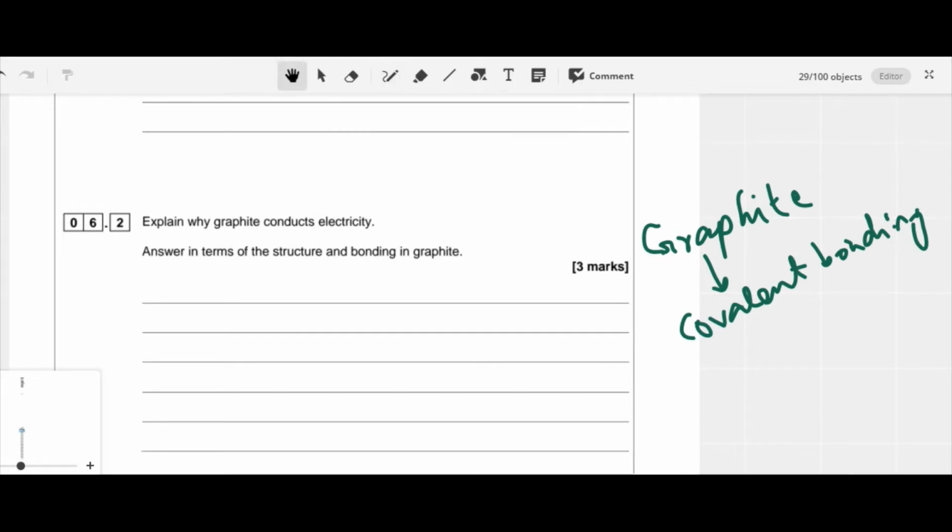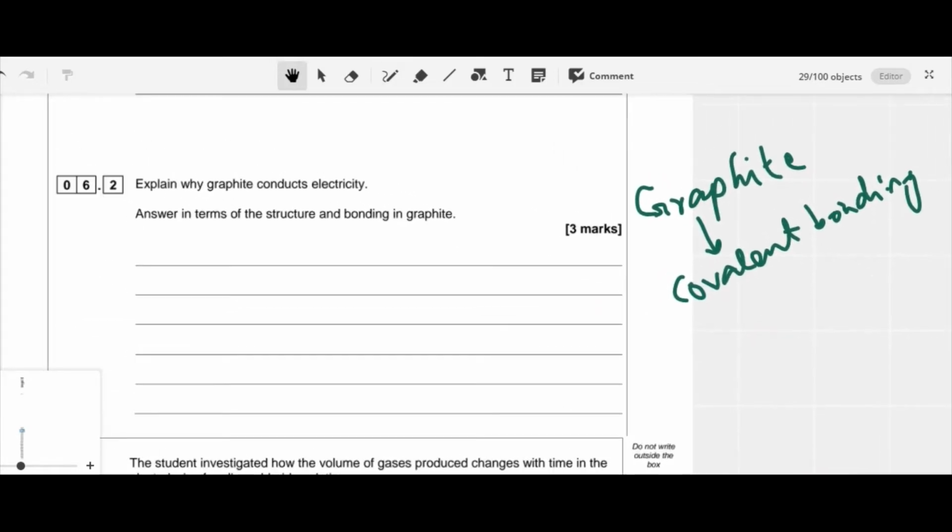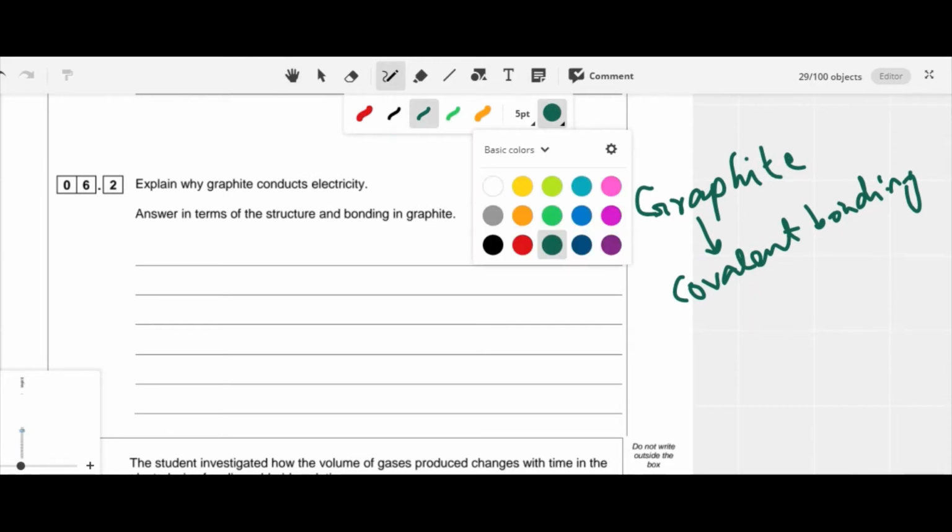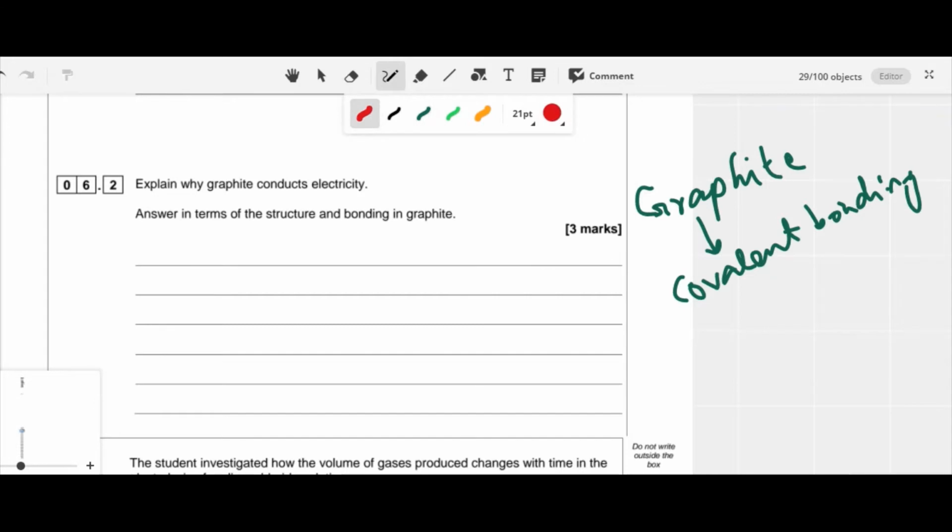So here the answer is about the graphite structure. For example, here is a carbon of the graphite, here is the second carbon, and here is the third carbon. The outermost shell of carbon contains 4 electrons, and carbon has the ability to make 4 bonds.